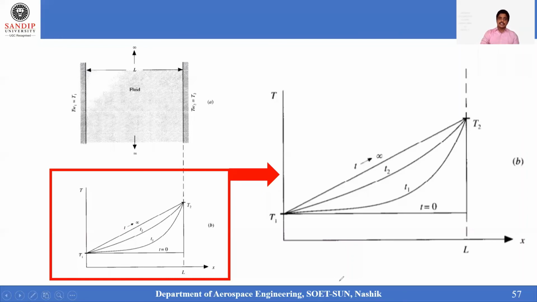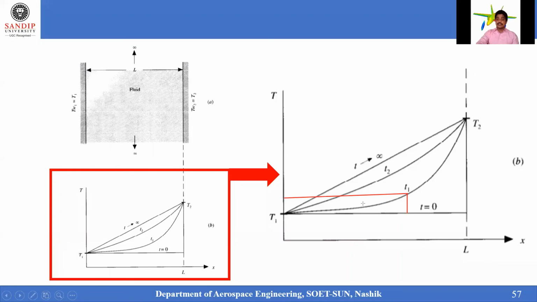Let me take another case where the time consumption is going. Initially there is a gradual increase of the heat in between the time, a gradual transfer of the heat. If you see, for a less time, the heat has been transferred up to approximately more than 50% of the length.